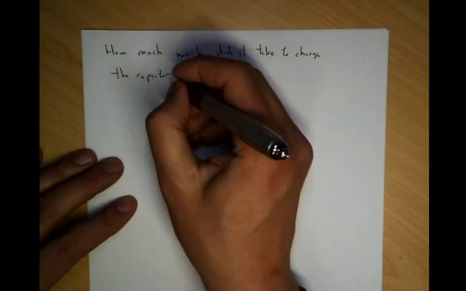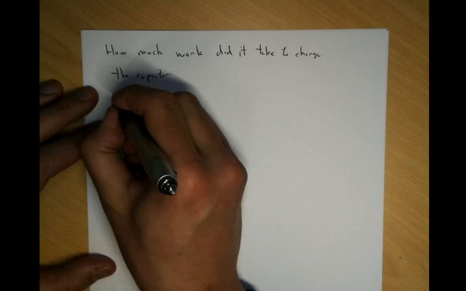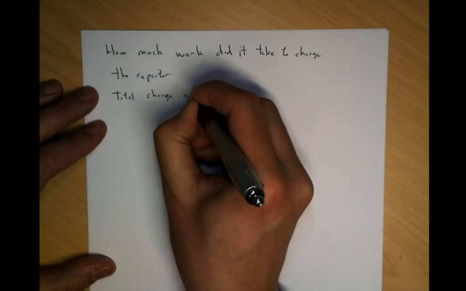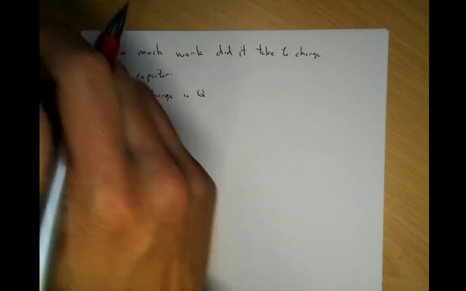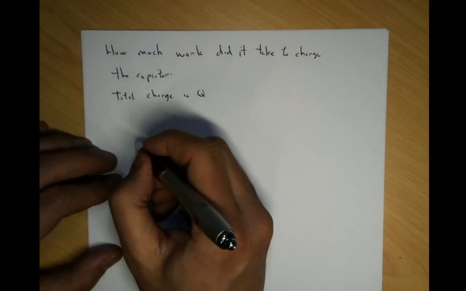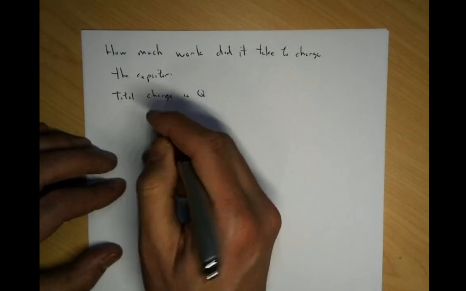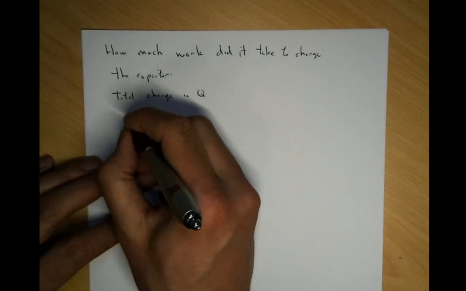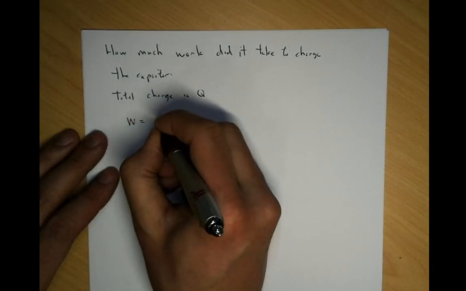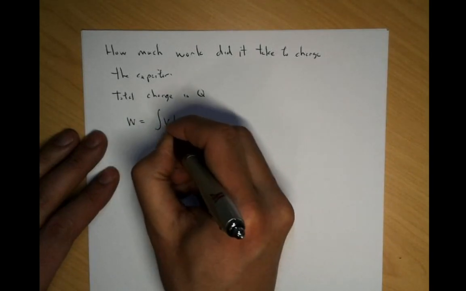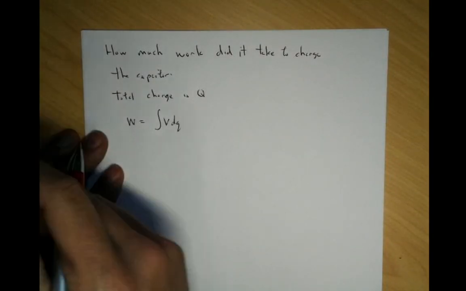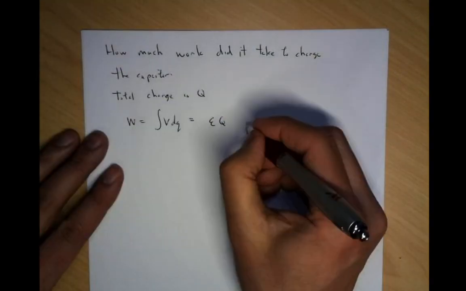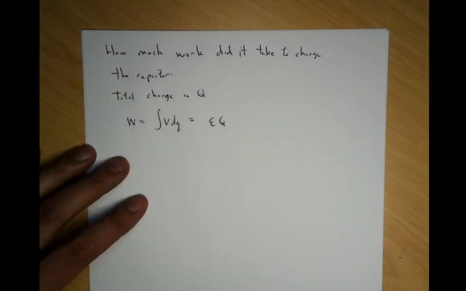We know the total charge moved is Q. The work is equal to the integral of V dq. This Q is essentially always constant, so this is going to be equal to epsilon times Q. That's the voltage. Okay, so that's the total thing.